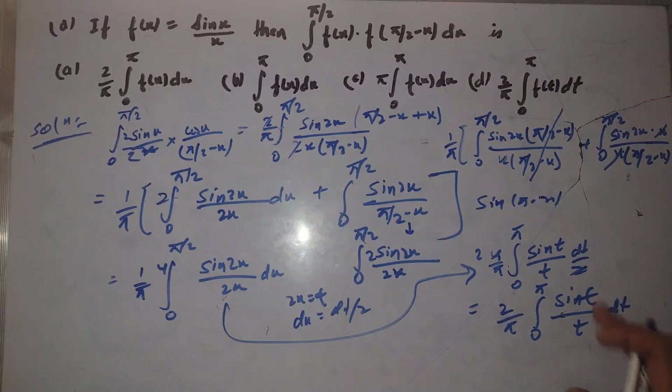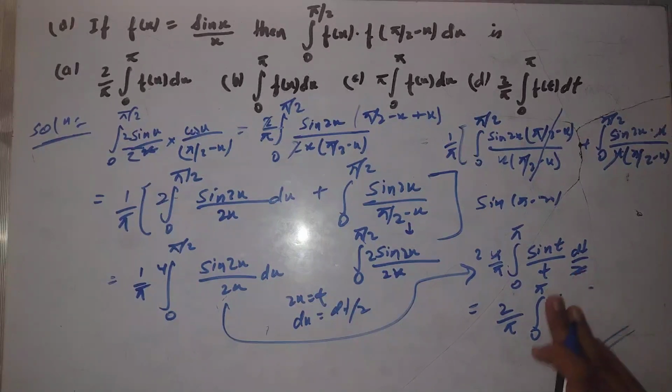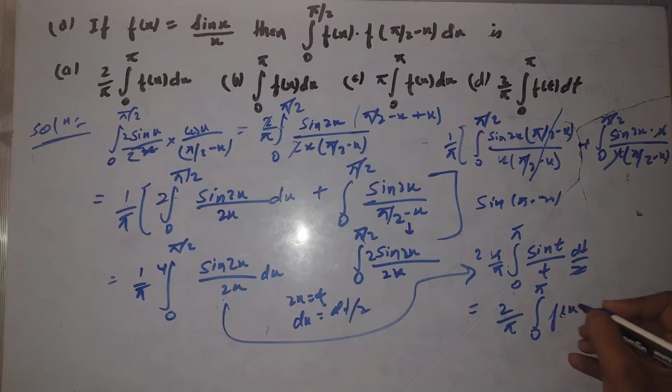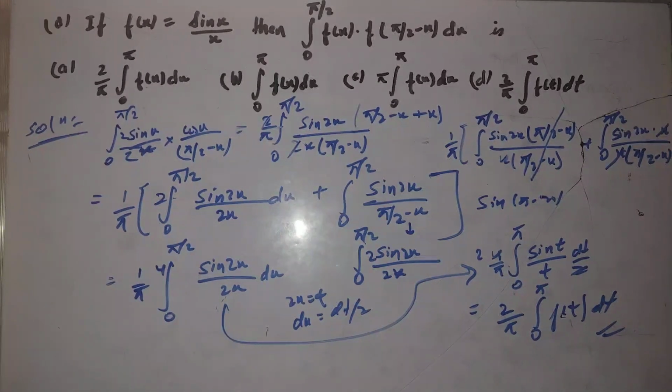We know that the variable does not matter, so we can write this as simply f(x), because sin t upon t equals sin x upon x equals f(x), or f of t dt. So it's the same thing, and option A is our solution.